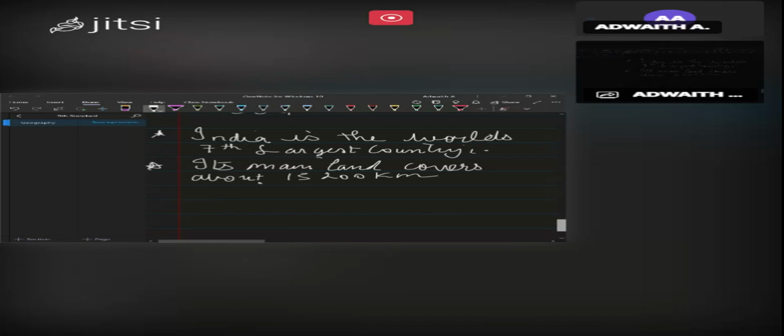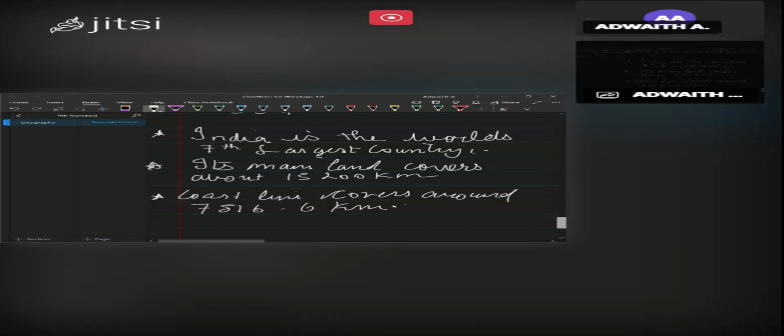Okay, and coastline covers around 7,506.6 kilometers. Okay, smaller one.